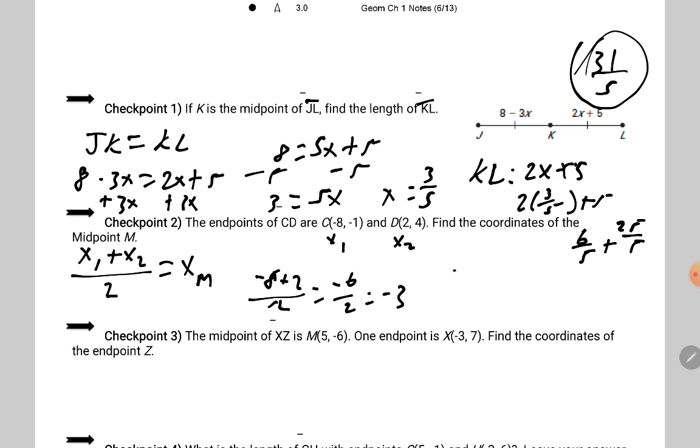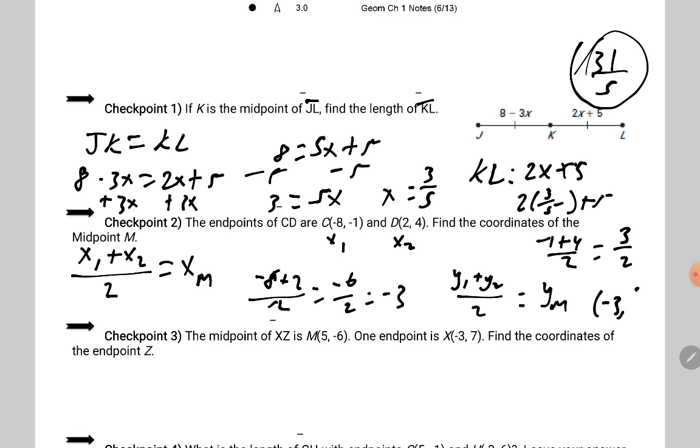My y-coordinate, add up your y's, and that'll give you your y midpoint. So -1 plus 4 divided by 2 is 3/2. So my answer is -3 and 1.5. Leave it as a fraction.